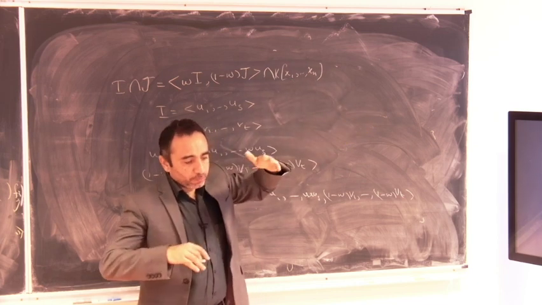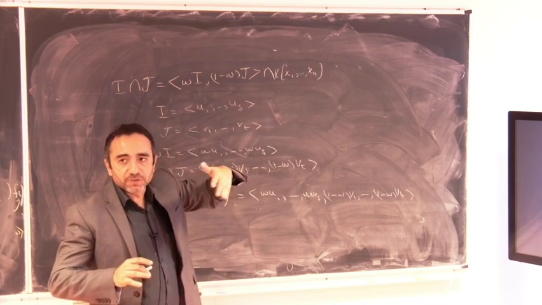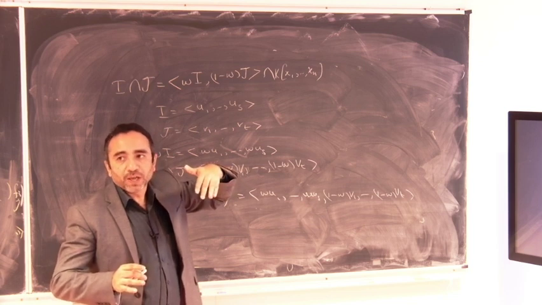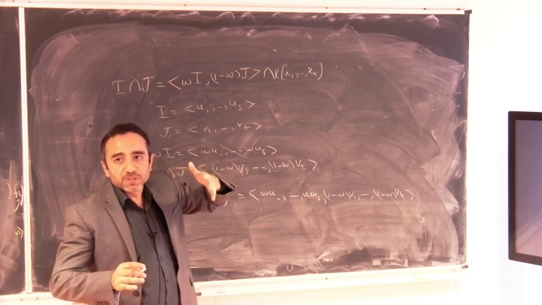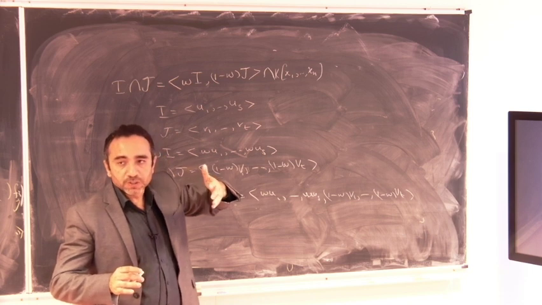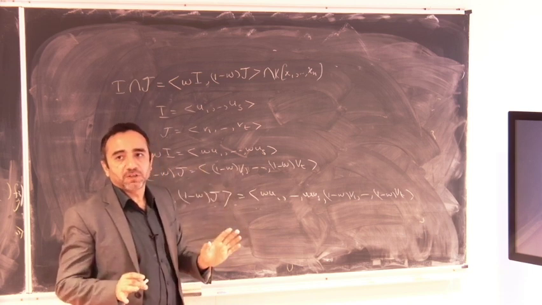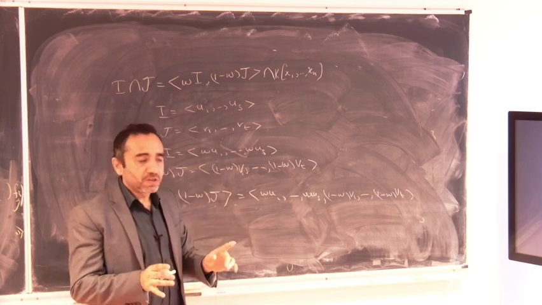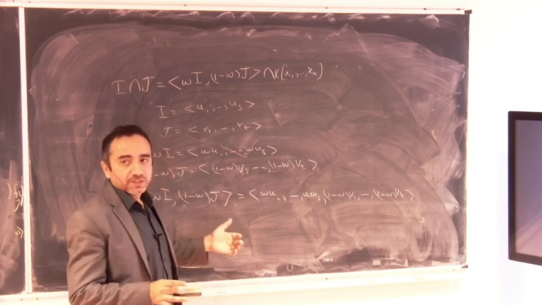So we need only those polynomials which are in only the x variables, and those polynomials will give you a Gröbner basis for I intersection J.